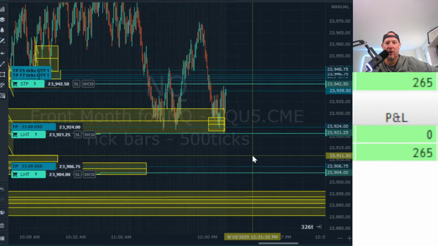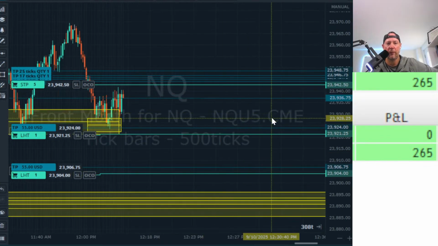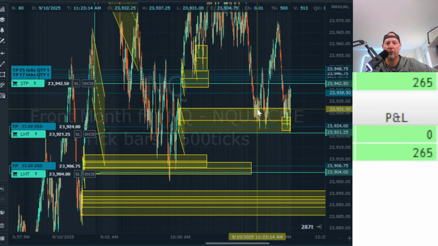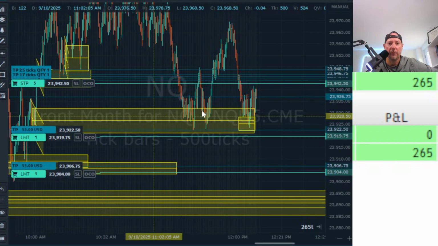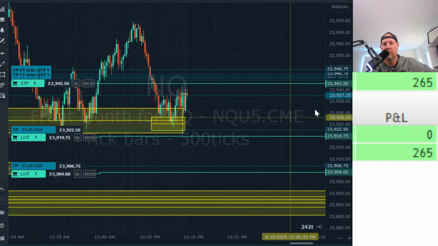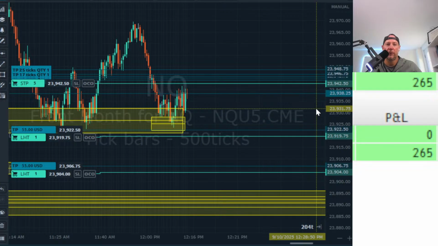Gonna set a couple of traps here, a couple of orders. See which one hits first. The breakout trade.